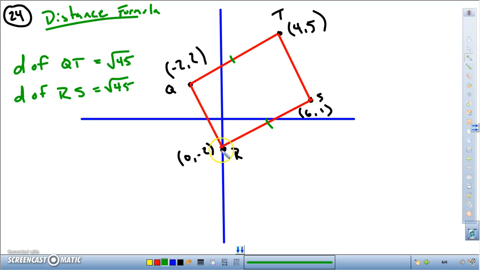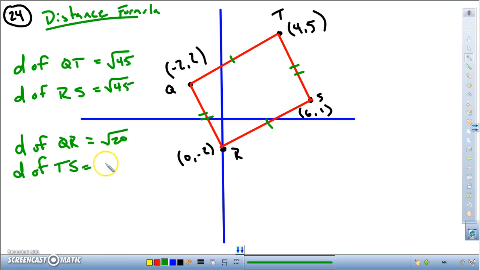Then I want to find the distance from QR and compare that to the distance from T to S and show that these two sides are also congruent. So my distance of QR and distance of TS need to be the same. And here I end up with a distance of root 20 for both of those.